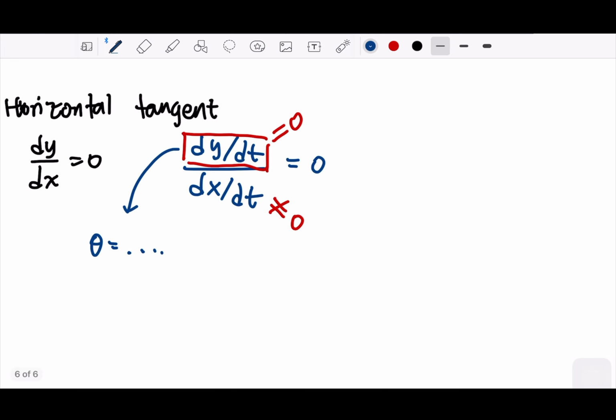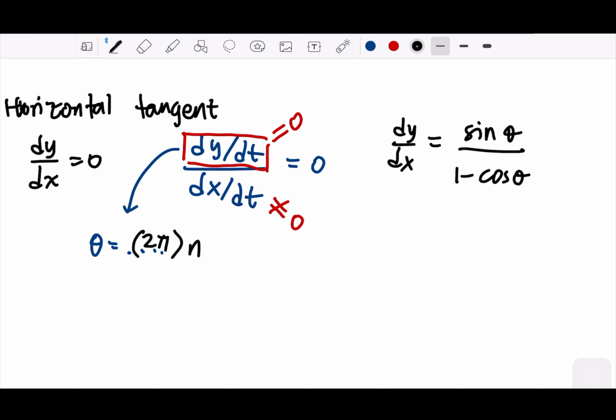Let me write the results for dy over dx. From our calculations, this is sine theta over 1 minus cos theta. So theta can be 2 pi n, right?